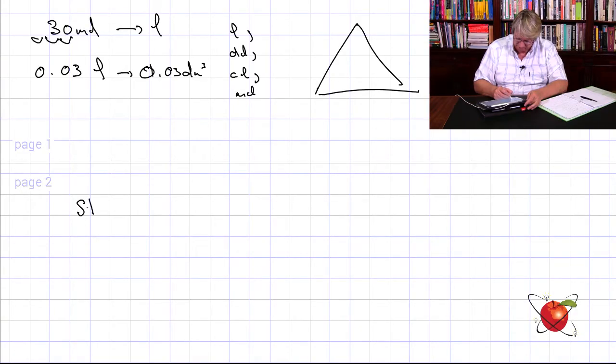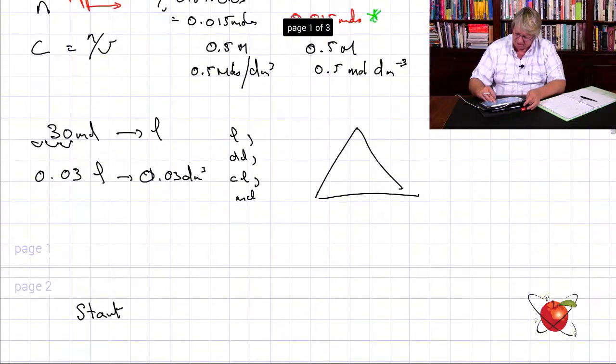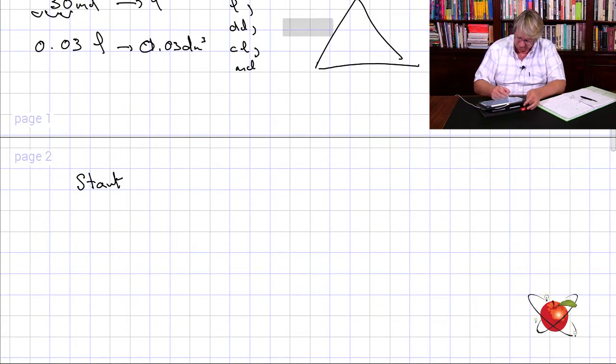Okay. Let's go back and have a look at a different kind of concept here. Let's say we started with how many moles of acid? We started with 0.015 moles, right?